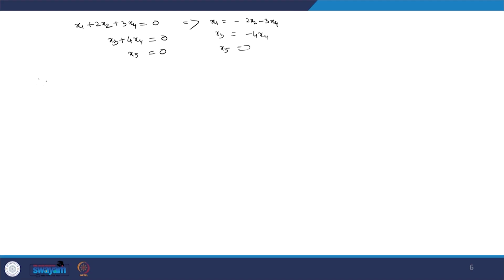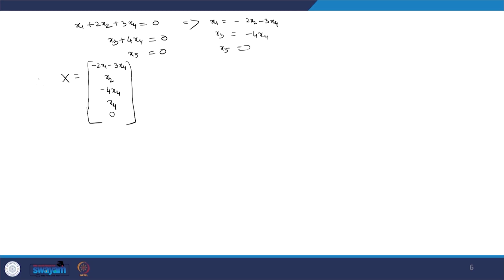So, the general solution capital X will be of the form (minus 2x2 minus 3x4, x2, minus 4x4, x4, 0). So, this is basically the general structure of the solution of the system Ax equal to 0.